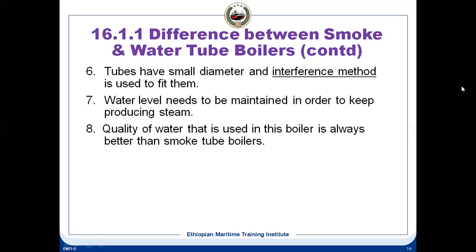The water tubes are around the furnace. So if your water level drops, there may be some tubes, the upper part of the tubes, which may not have any water, and then they are directly exposed to the hot flue gases from the furnace. And the quality of the water that is used in this boiler is always better than in smoke tube boilers.